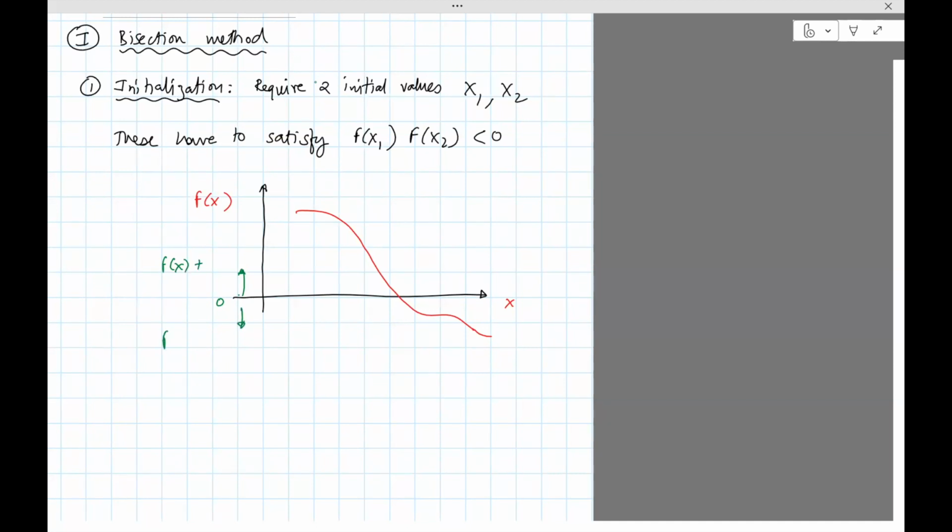Anything below this, f of x is negative. Let's choose one value here, x1, and this is the corresponding value, f of x1. We see that f of x1 is positive. So for this condition to be met, f of x2 has to be negative, right? It has to be chosen on the other side.